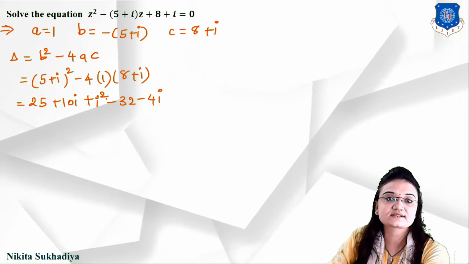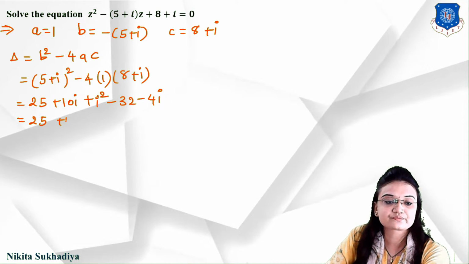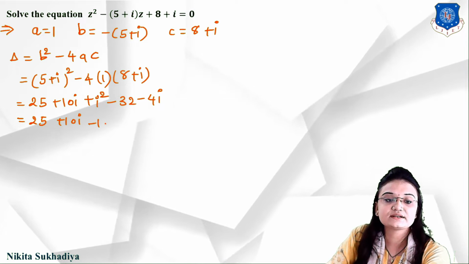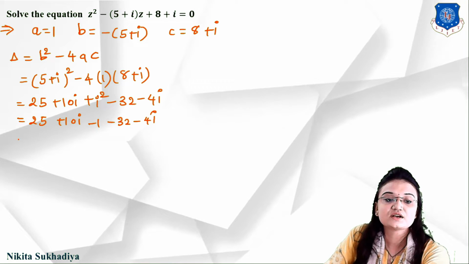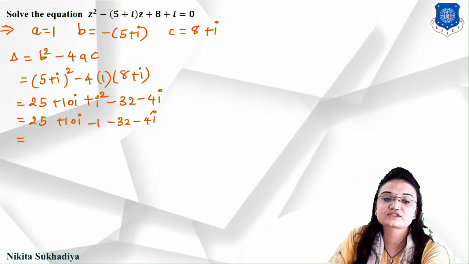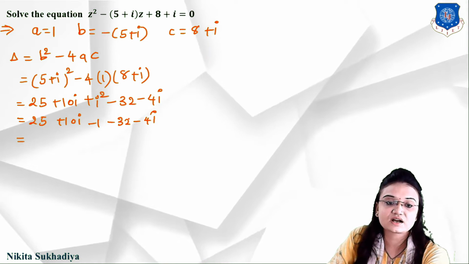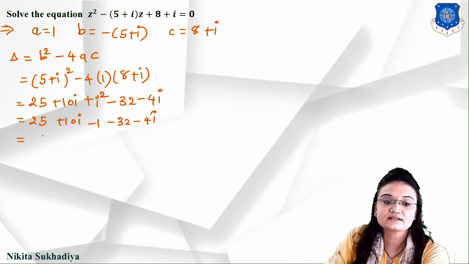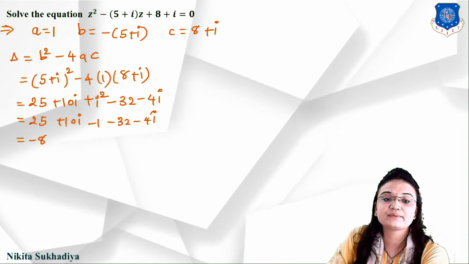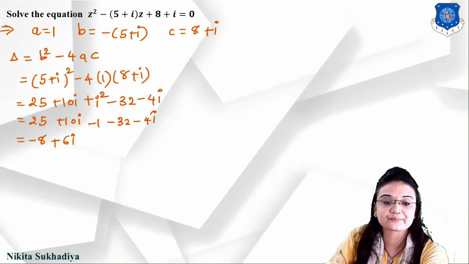And i squared is nothing but minus 1. So this becomes 25 plus 10i minus 1 minus 32 minus 4i. Adding the real parts, 25 minus 1 minus 32, minus 33 plus 25, this becomes minus 8, and plus 10i minus 4i becomes plus 6i.